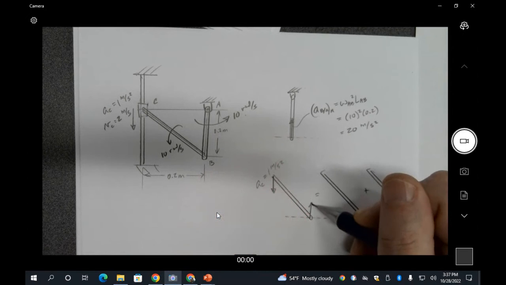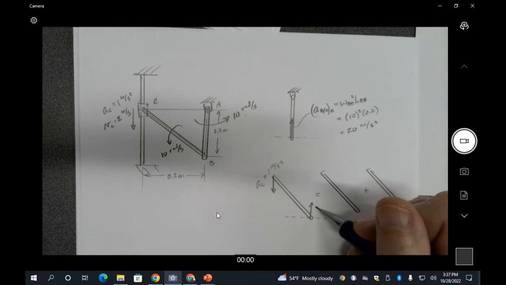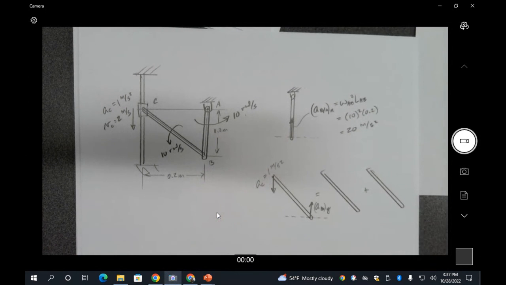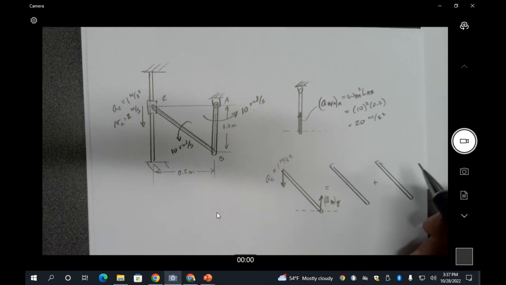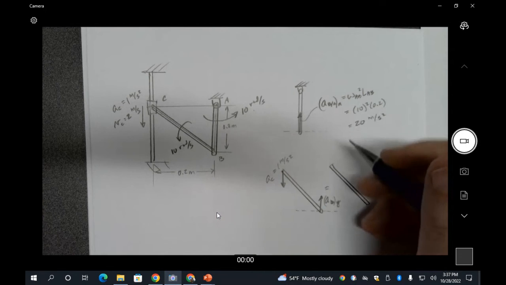And we know this guy right here, we call this the acceleration of B in the y direction.